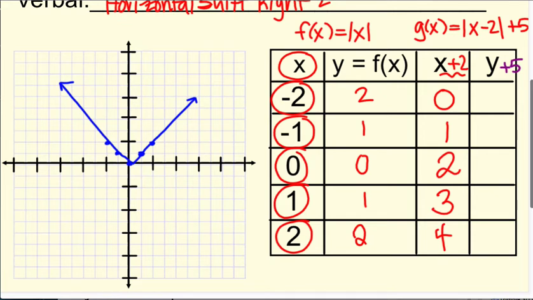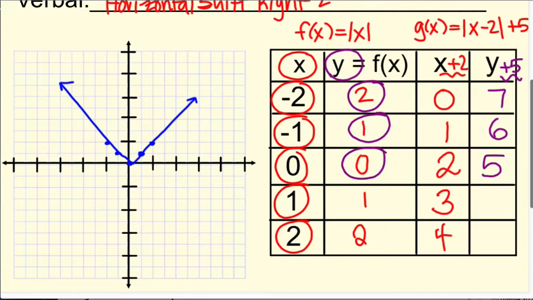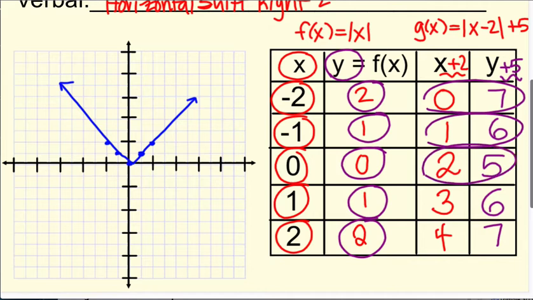All right, on the y values, we're going to now add 5. So 2 plus 5 is 7. 1 plus 5 is 6. 0 plus 5 is 5. 1 plus 5 is 6. 2 plus 5 is 7. These are the graphed ordered pairs that will make up our new g of x function.